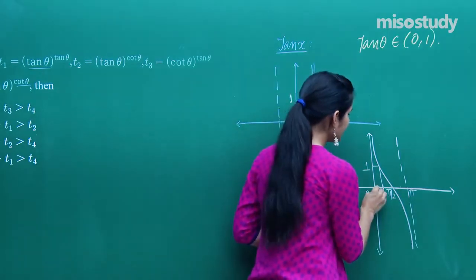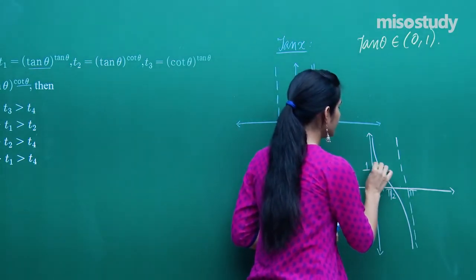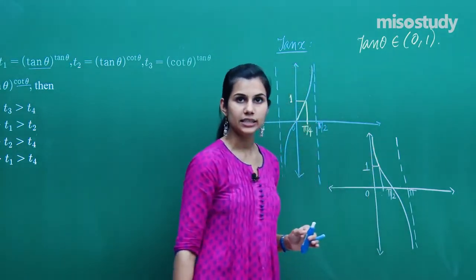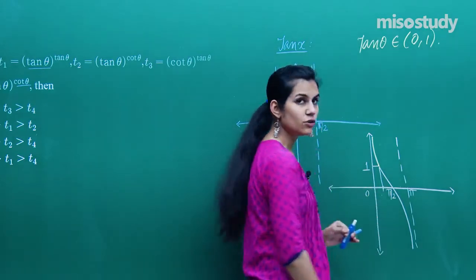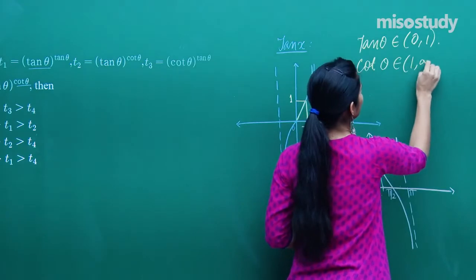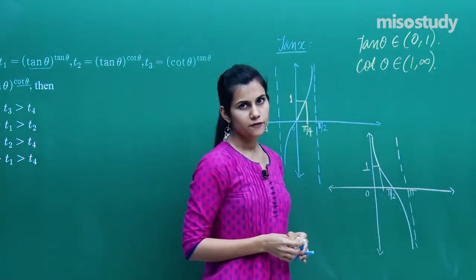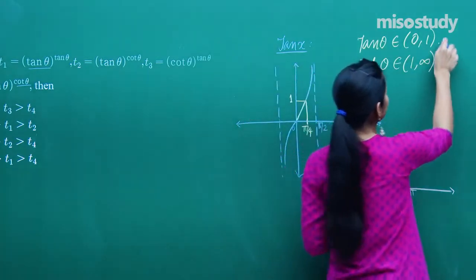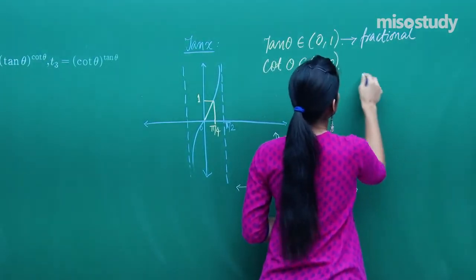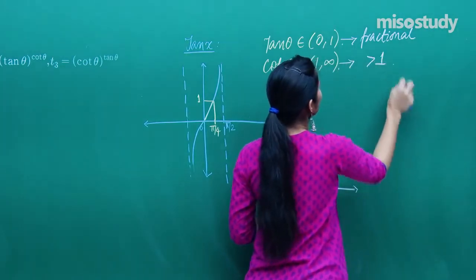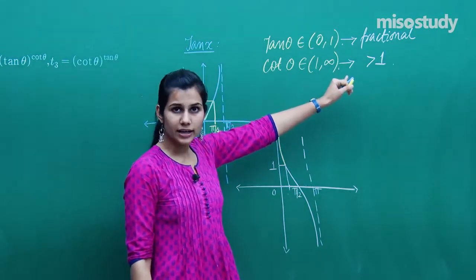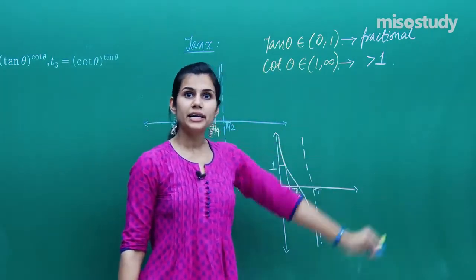So understand, if x ranges from 0 to pi by 4, the cot function is from 1 to infinity. So, if theta ranges from 0 to pi by 4, cot theta ranges from 1 to infinity. Fine. That means tan theta is a fractional value, whereas cot theta is any number greater than 1. Fractional means it's definitely less than 1, from 0 to 1, and this is a number greater than 1.